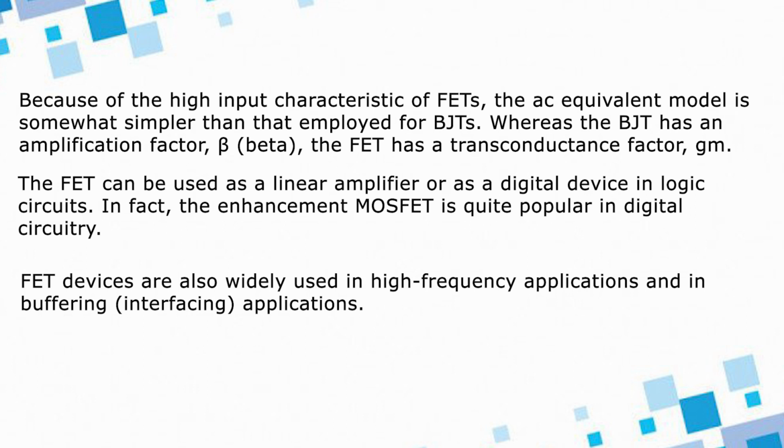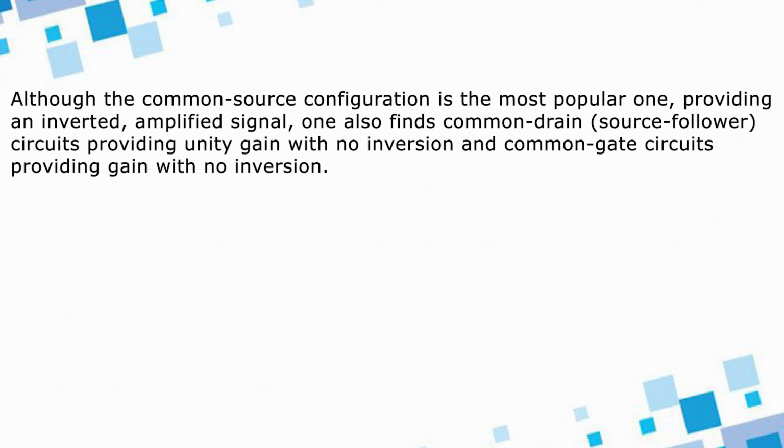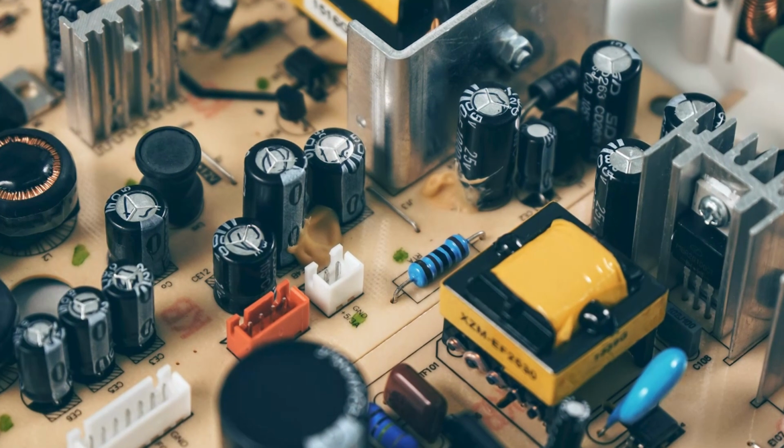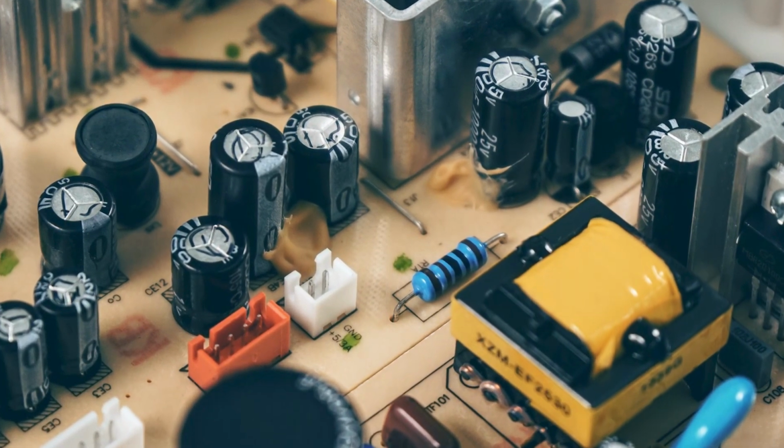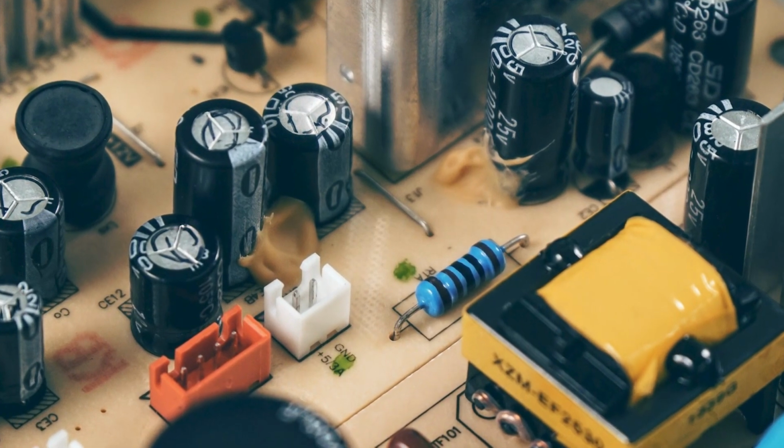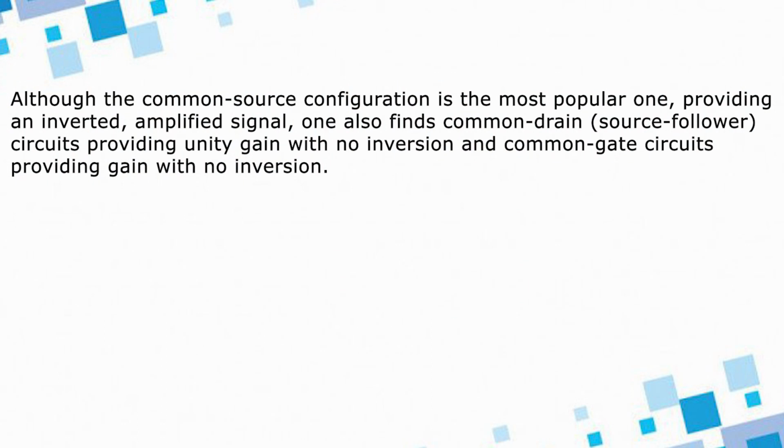Buffering means we are interfacing two circuits. So, a buffer is used and FET plays a vital role in those cases. Although the common source configuration is the more popular one, providing an inverted amplified signal, one also finds common drain, that is the source follower circuit, providing unity gain with no inversion, and common gate configuration providing gain with no inversion.